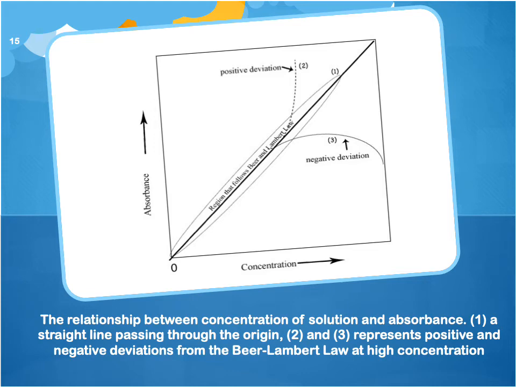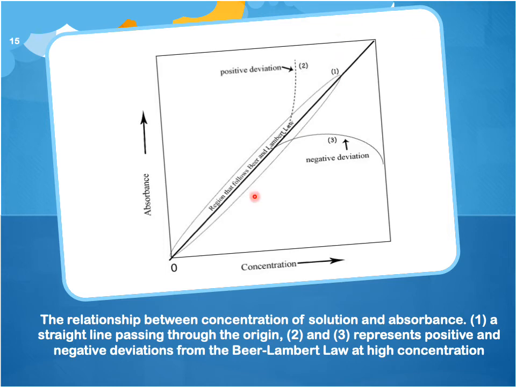However, the linearity of the Beer-Lambert law is limited by high concentrations of acids, bases and salt solutions, including some organic solutes that tend to coagulate together. These highly concentrated solutions generate deviation from linearity, which are positive deviation and negative deviation.